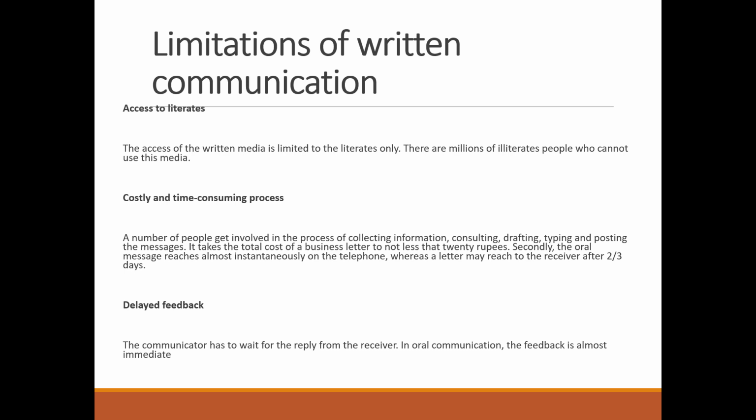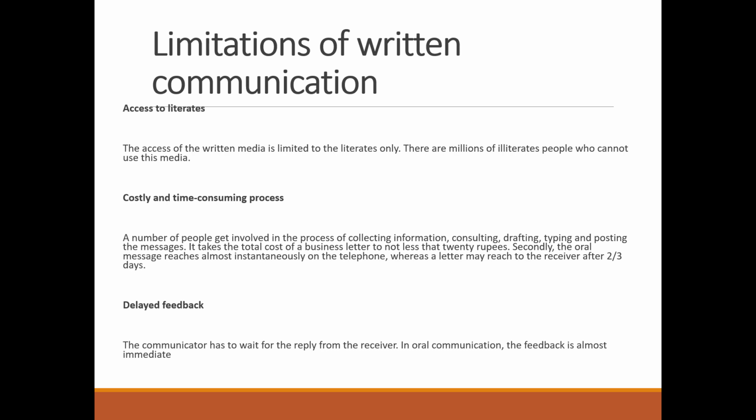A number of people get involved in the process of collecting information, consulting, drafting, typing, and posting the messages. It takes the total cost of a business letter to not less than 20 rupees. Secondly, oral messages reach almost instantly on the telephone, whereas a letter may reach the receiver after 2-3 days.